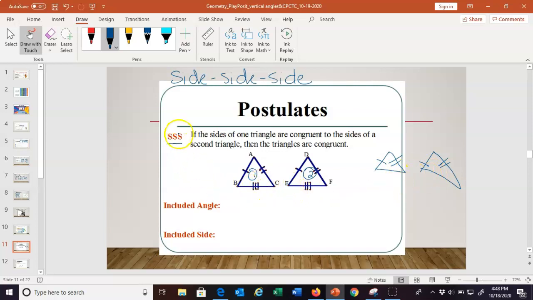In this case, in order for the SSS postulate to be true, all 3 sides have to be congruent. That's it. So actually, we're not going to fill this part out because we just talked about all of this on the previous slide. I was just going to list out the included angles and sides for these triangles, and I think that's a little bit redundant.